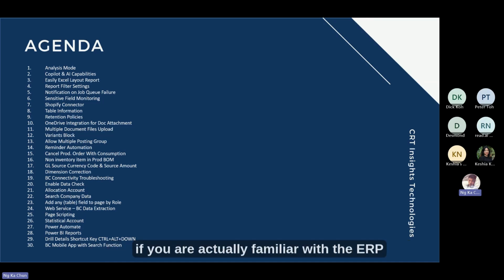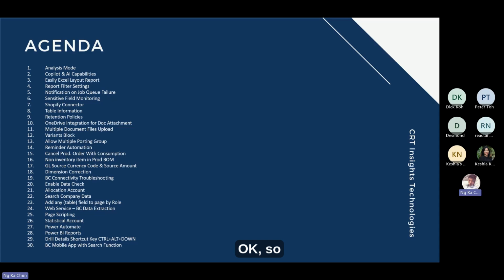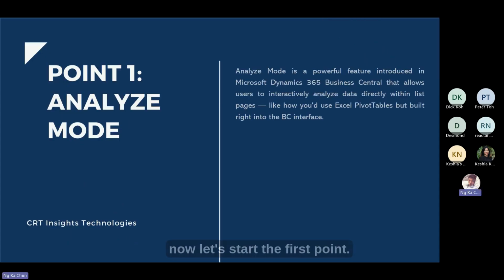If you're familiar with the ERP market itself, you will notice there are more and more AI tools and agents available in Microsoft D365 BC. Later on, we will also go through the AI and automations you can use, especially if you are a current BC cloud user. Now let's start the first point.